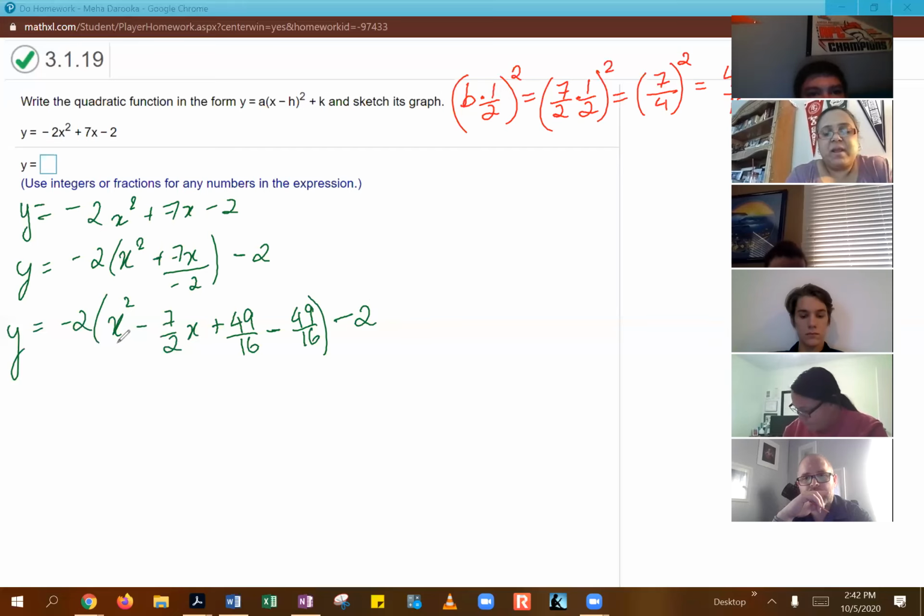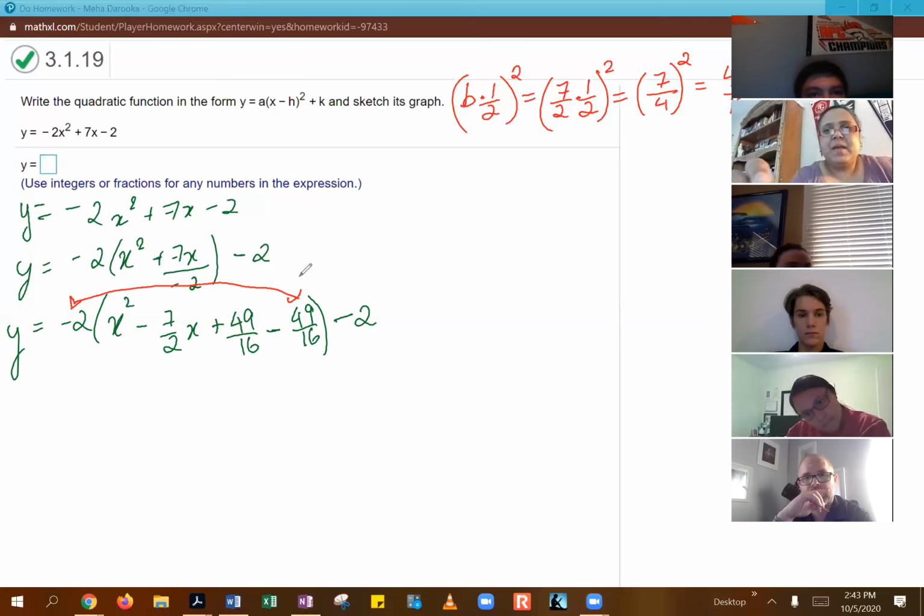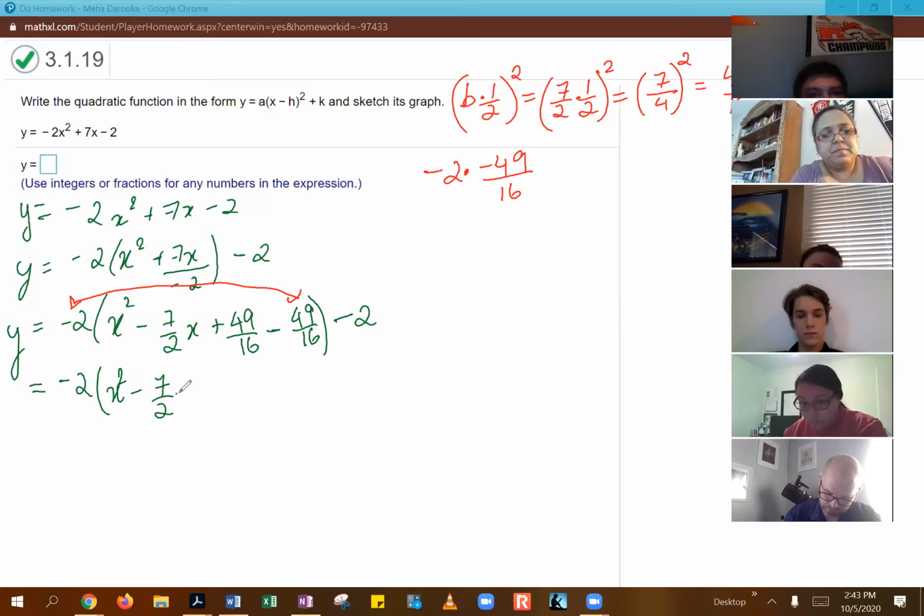So completing the square, we just need those first 3 terms. So as we had done in the previous example, you're going to take this minus 49/16 and multiply it with the negative 2 on the outside. And what will that come out to be? Let's see, what did you guys have?